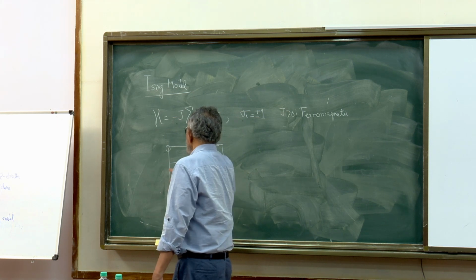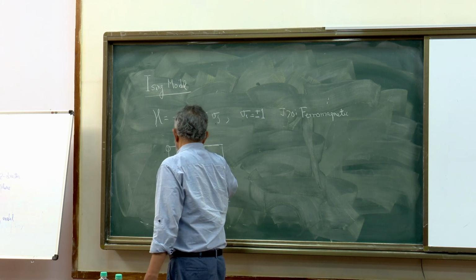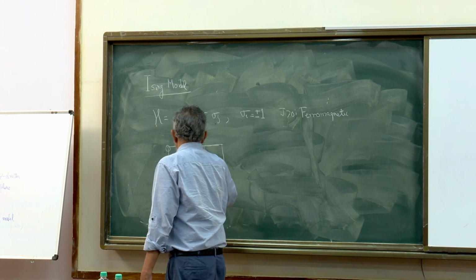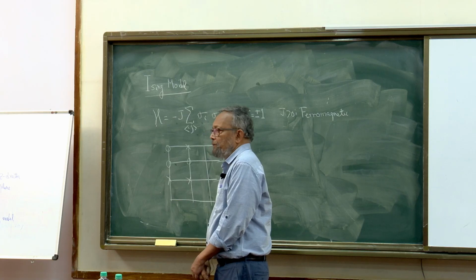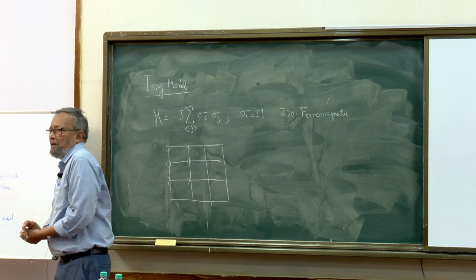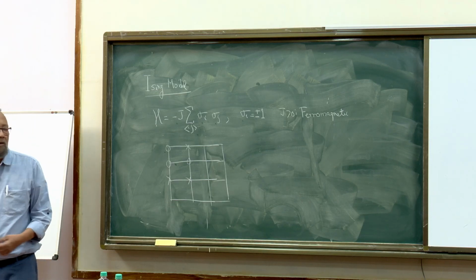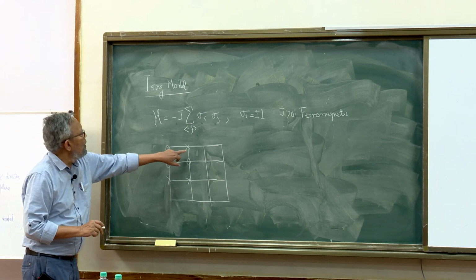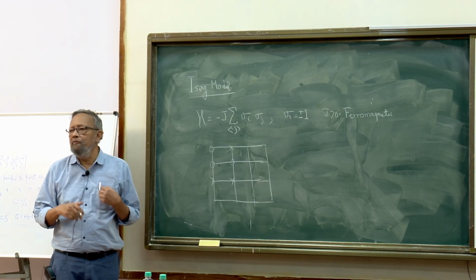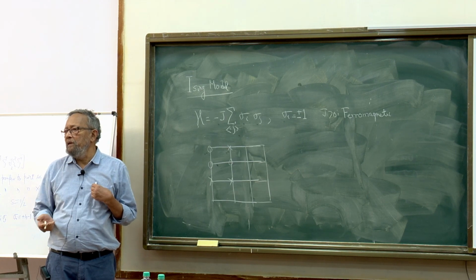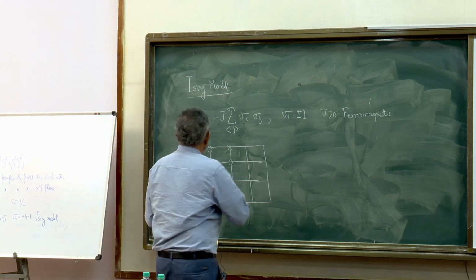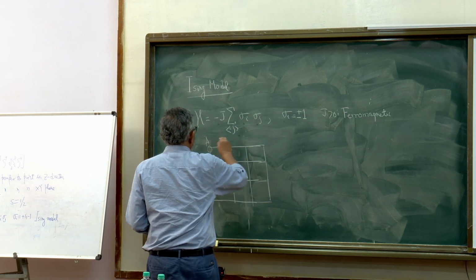And one says that you have some configuration like that, and there will be some energy associated with this configuration. The energy will depend on whether two of these occupied sites are of A type, or two of them are of B type, or one is A and one is B. So basically, circles are A and crosses are B.